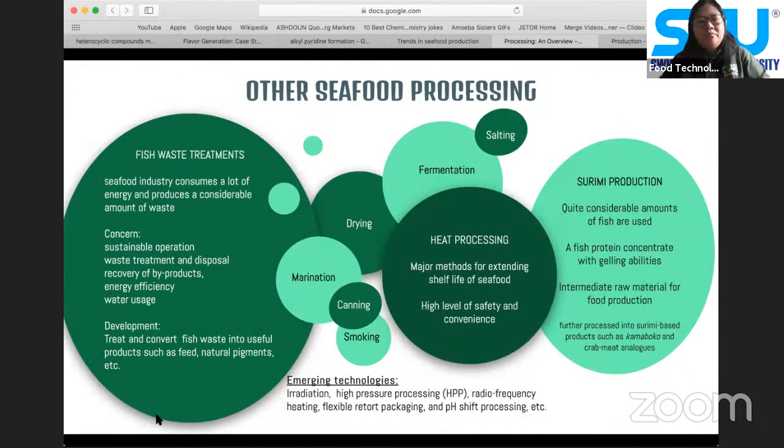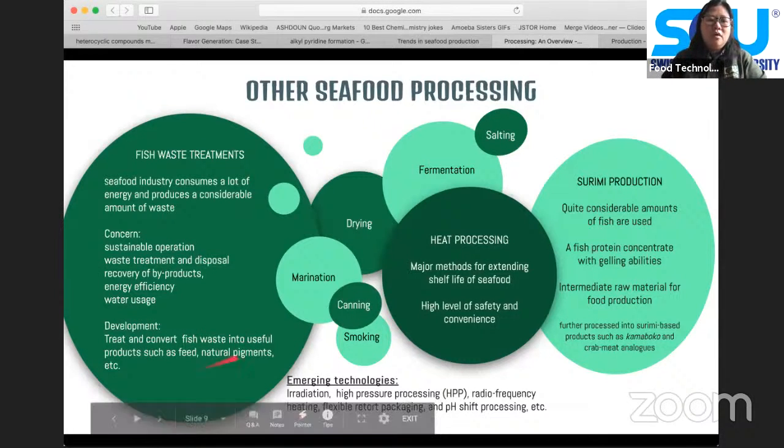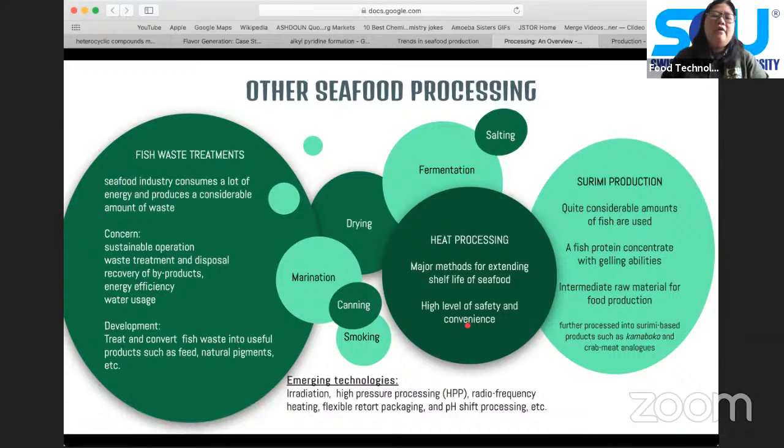Now, the other seafood processing that we will be discussing after this class is heat processing. This is the major method for extending the shelf life of seafood. It has a high level of safety and convenience.